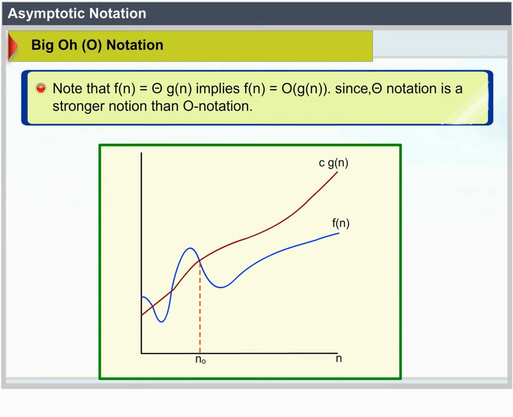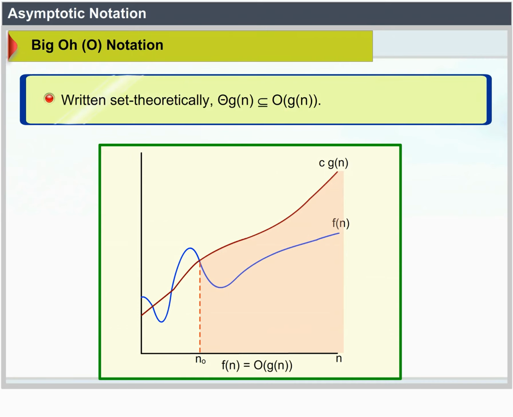Note that f of n equal to big theta of g of n implies f of n equal to big O of g of n, since big theta notation is a stronger notion than big O notation. Written set theoretically, big theta of g of n is a subset of big O of g of n.